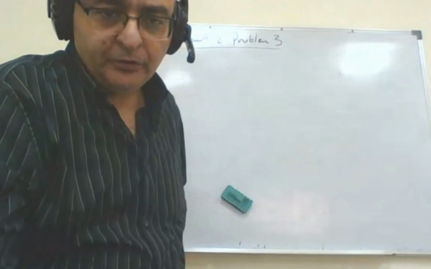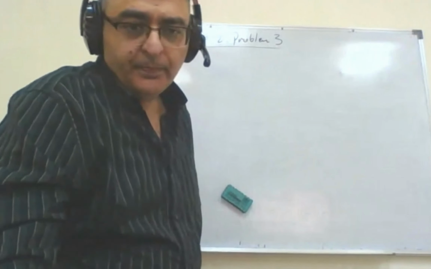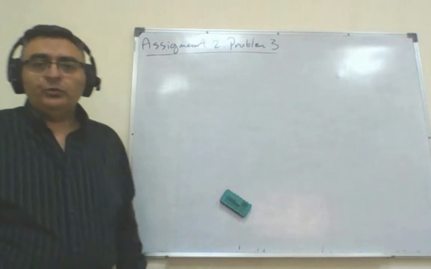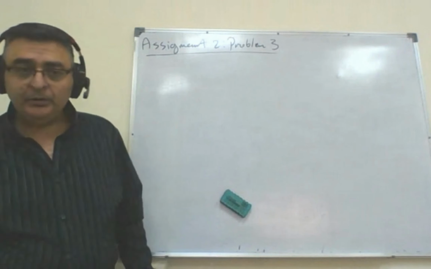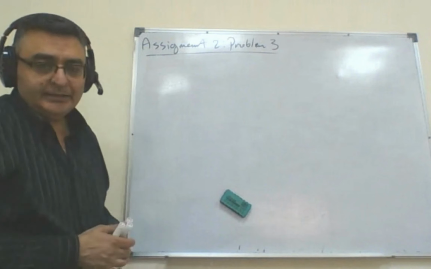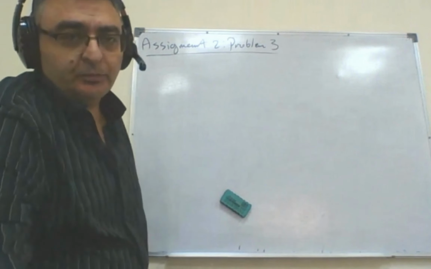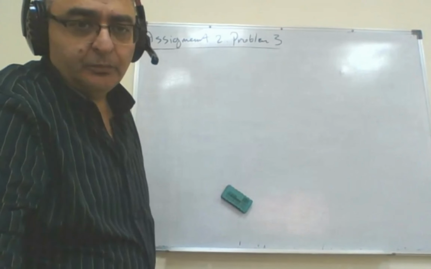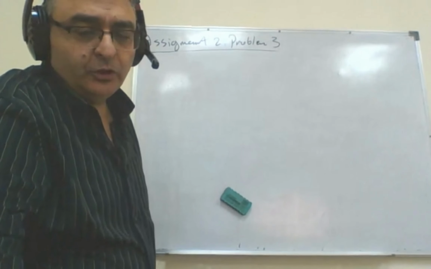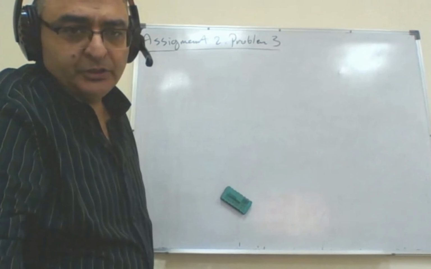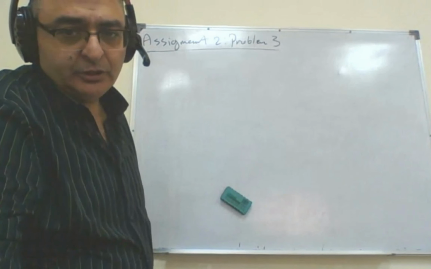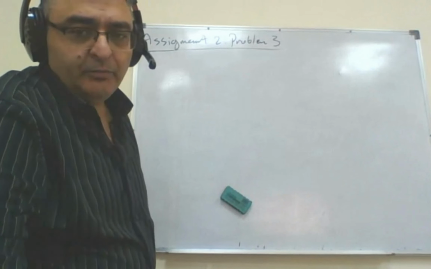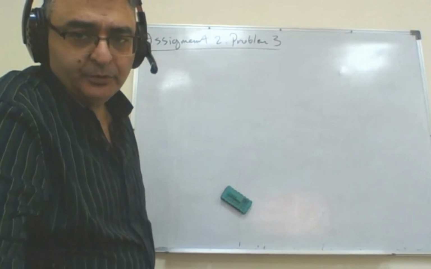For problem number 3 of assignment number 2, we will just narrate the wording: write a program to count the number of not matching bits between the CX register and the immediate value, which is provided in the problem.